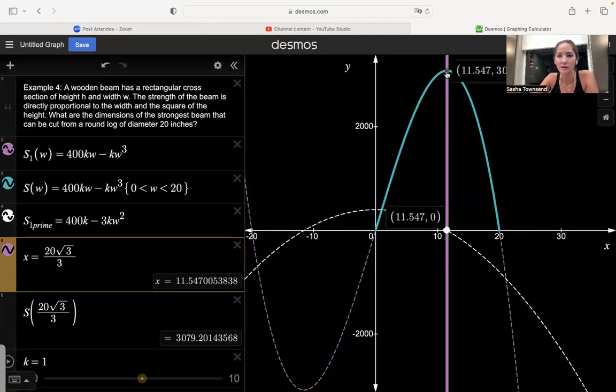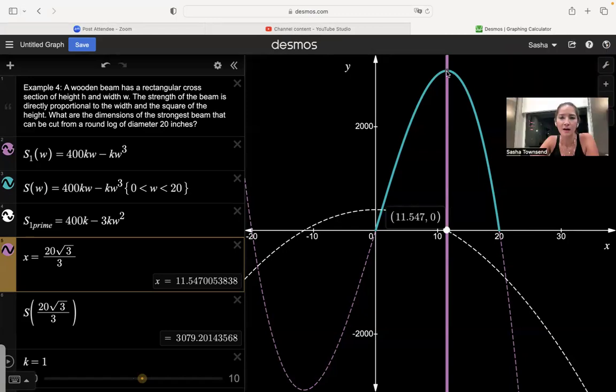And we can see that that corresponds to the maximum height of this function. Now that is some measure of strength. I don't know what the units are. It looks like the units are K times, well, it looks like a volume, so inches times inches squared. So it's K times some number of inches cubed. But still, I'm really not sure what the dimensions of K are. Those would probably give us the dimensions of the strength.